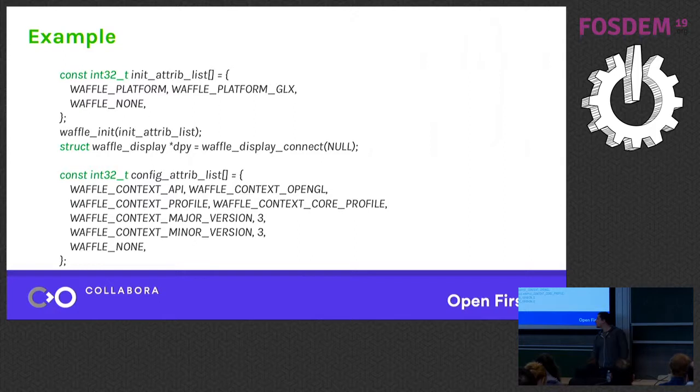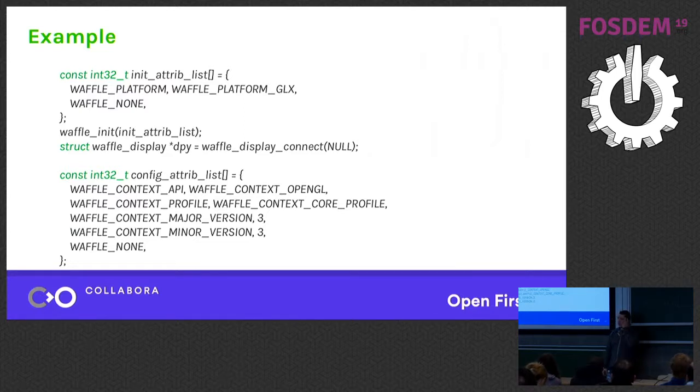So, a very quick example. Bear in mind that I have omitted any sort of error checking for brevity, but normally you want that. So you will specify a very short attribute list, what kind of platform you want. You will initialize your connection. You will connect to the display.